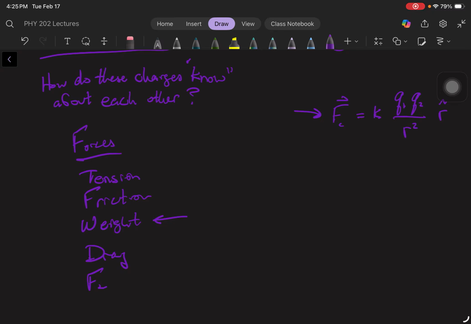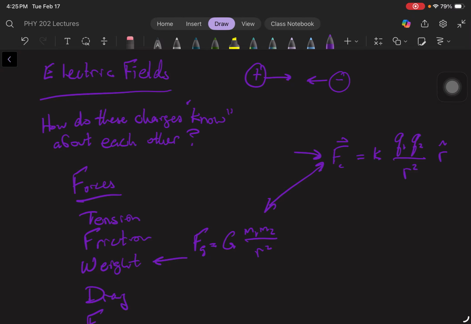The one that's kind of interesting today is weight, because similar to the Coulomb force, we have Newton's law of gravitation that gives us the force due to gravity between two massive objects. And this is also not a direct interaction between these two things. Both of these forces act at a distance. So if you have something like tension or friction or drag, you have to be in contact with two things. And so that's how this is slightly different.